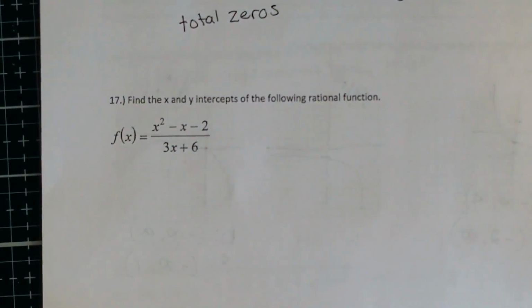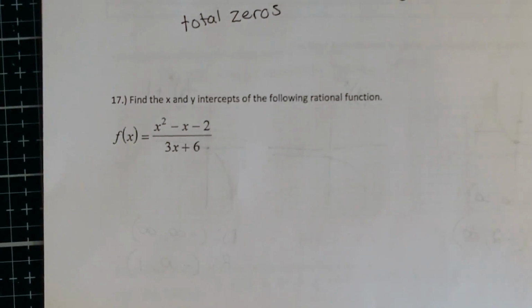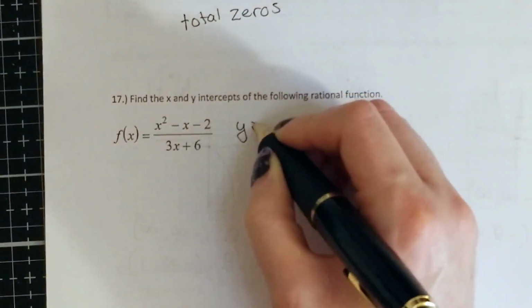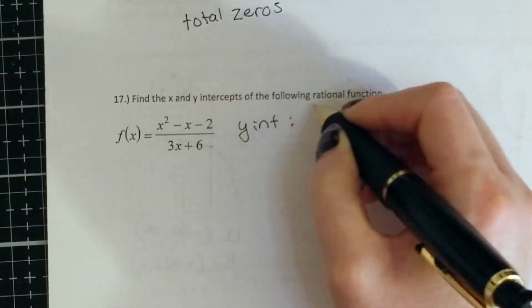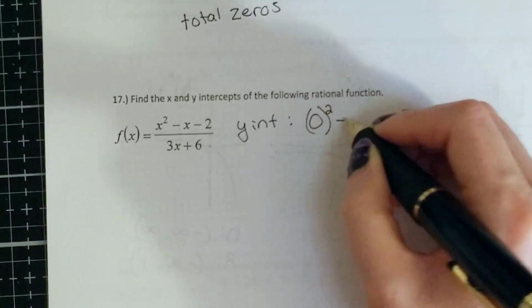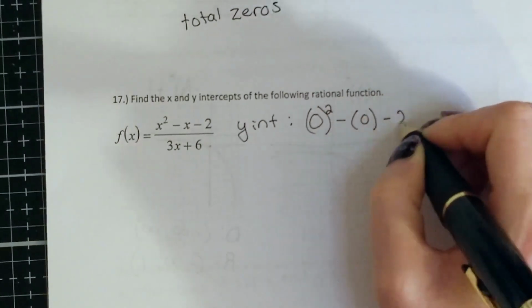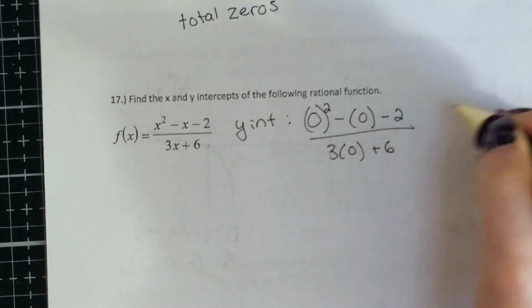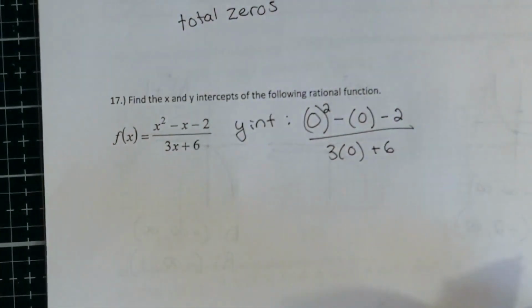Alright, 17. Find the x and y intercepts of the rational function. Y-intercept is always my favorite, so I just start with it. All you do is plug zeros into your x's. Honestly, you could do that without writing all this out.